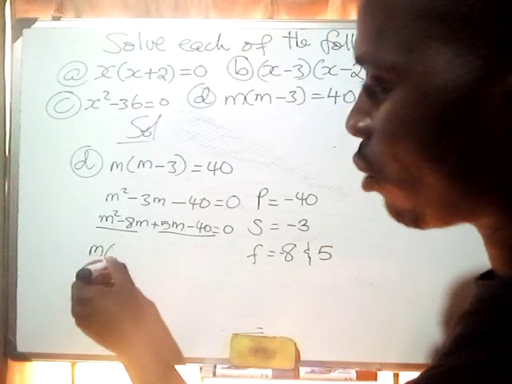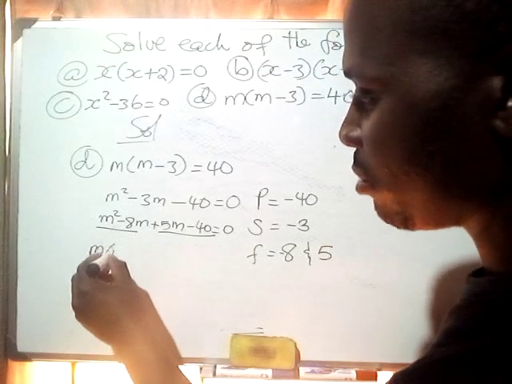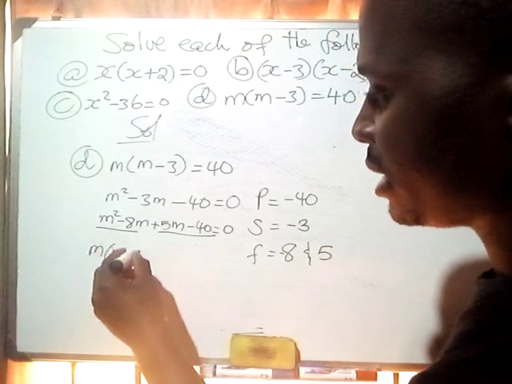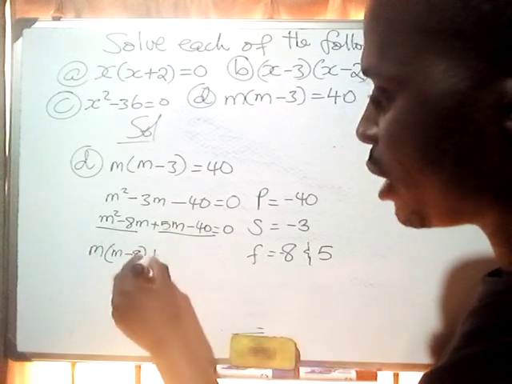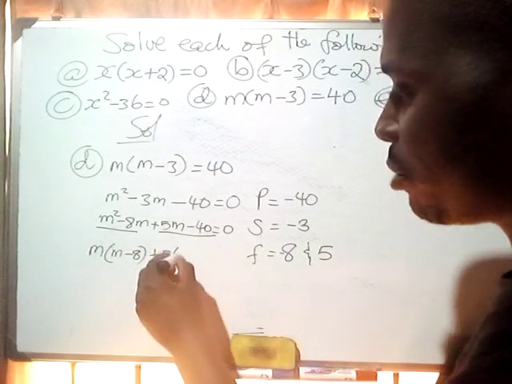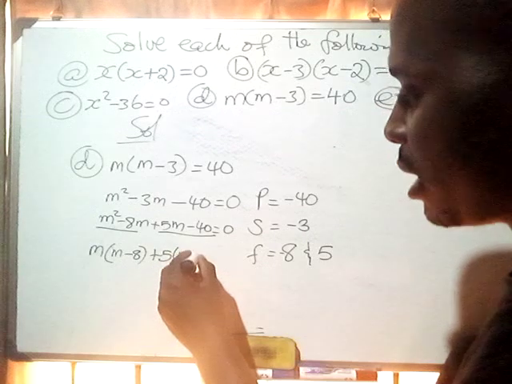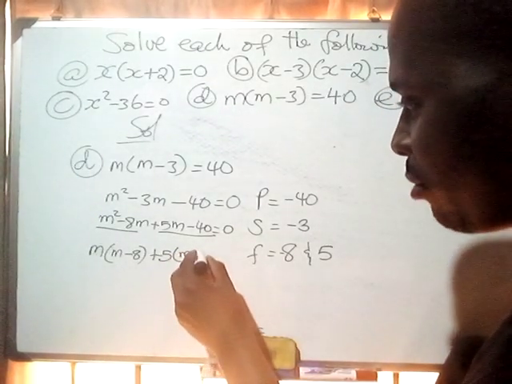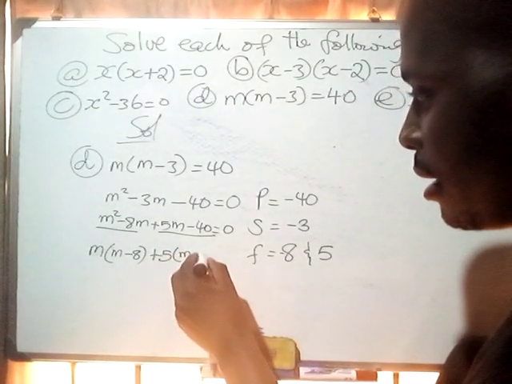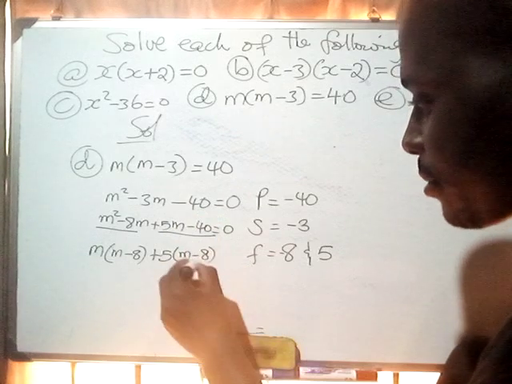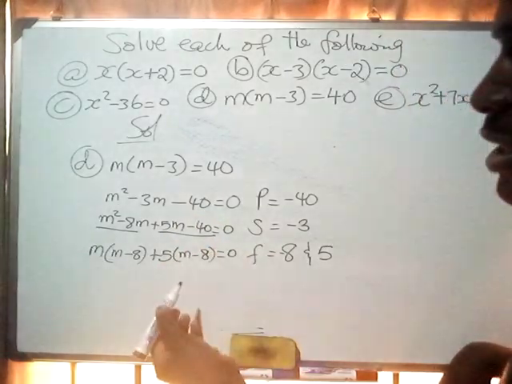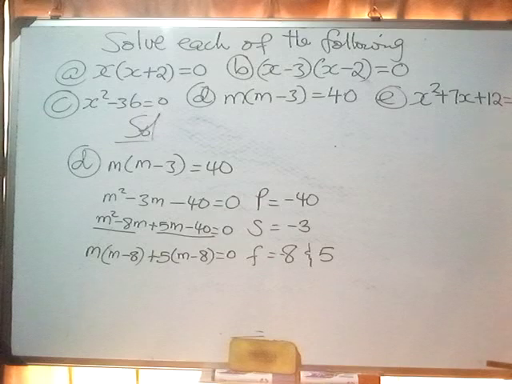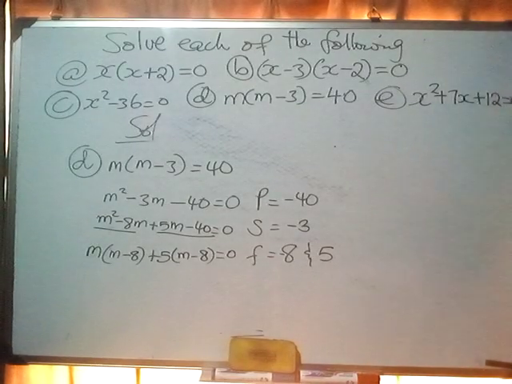Our m is common, so we remain with m minus 8. In the second part, the 5 is common, so we remain with m minus 8 is equal to 0. Why minus 8? Because 5 into 8 is 40.